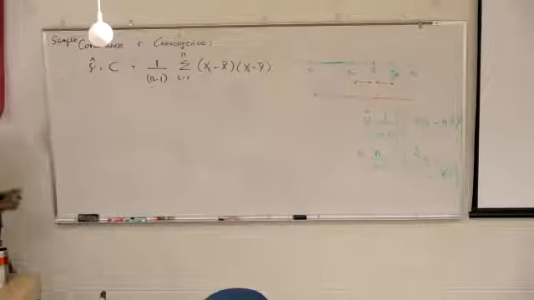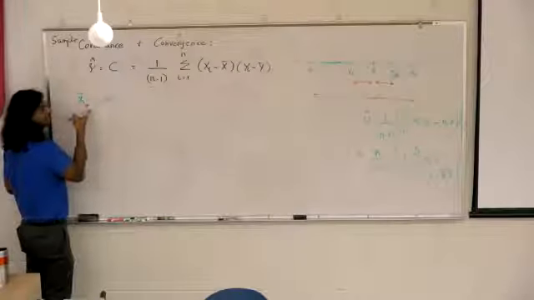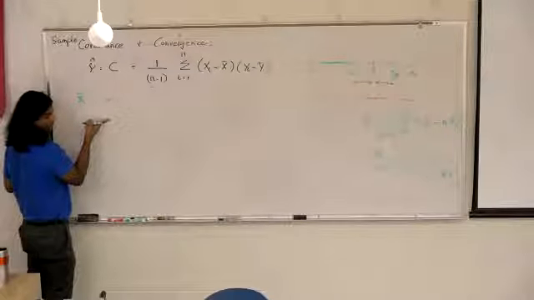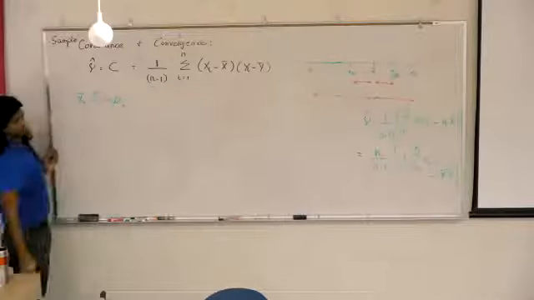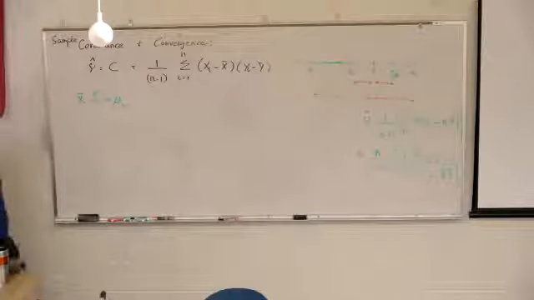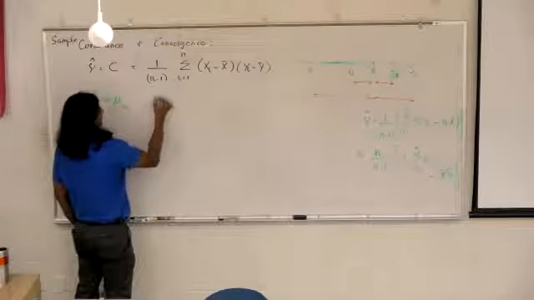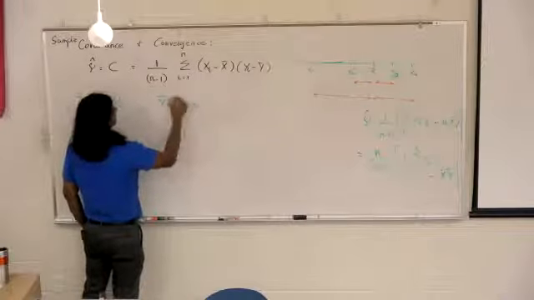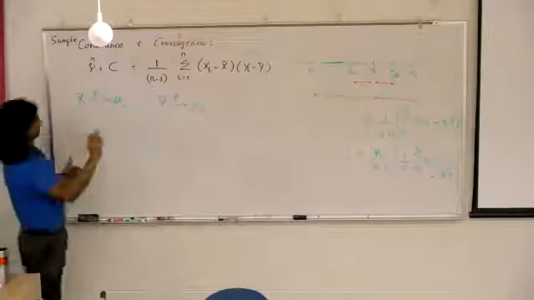It shows that x bar will converge in probability to mu x. We did this. That also implies convergence in distribution, but not the other way around. Y bar will converge to mu y as n approaches infinity.